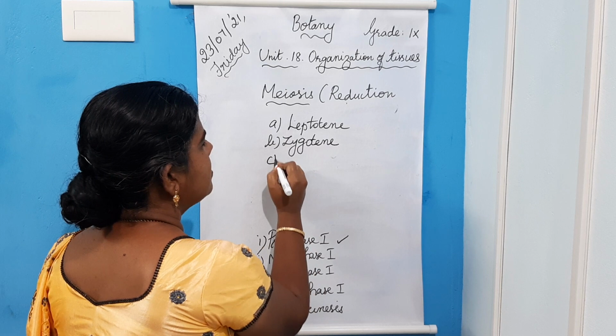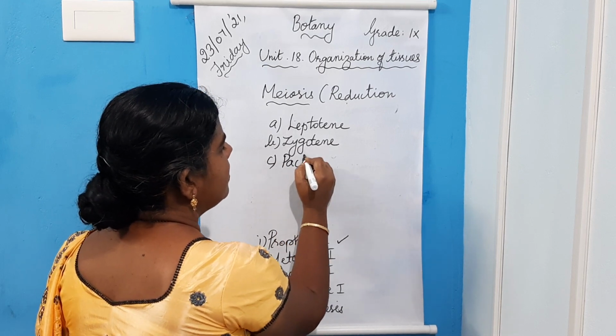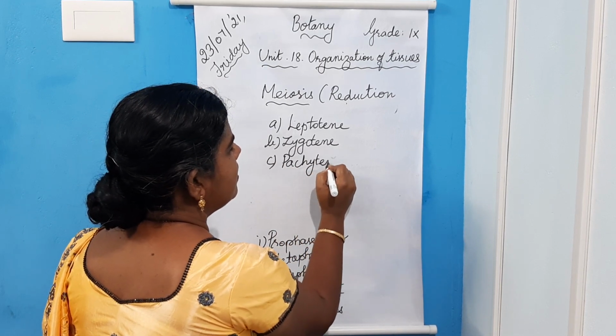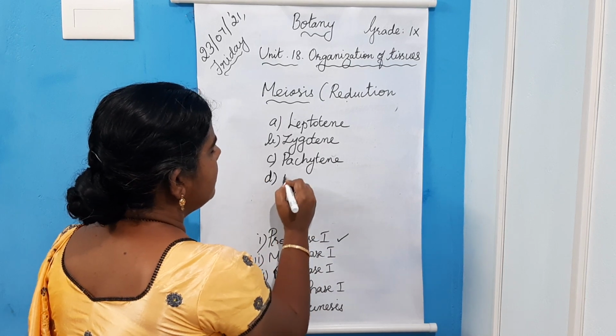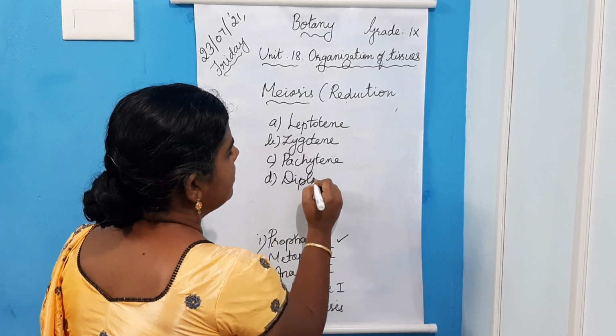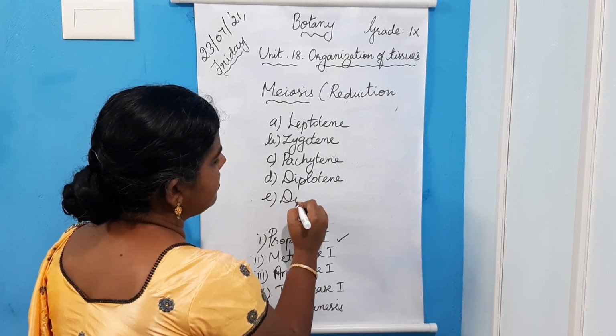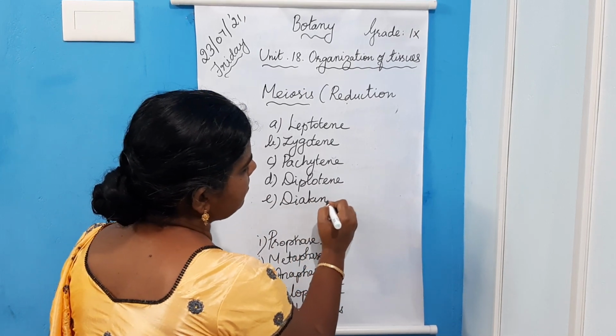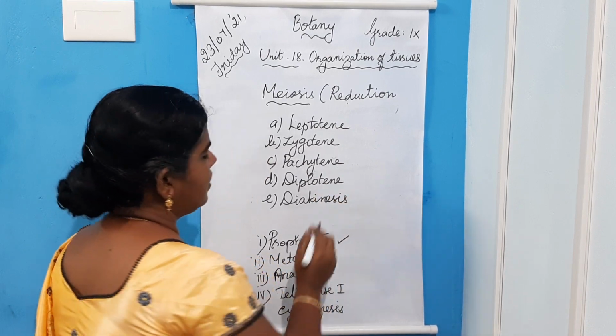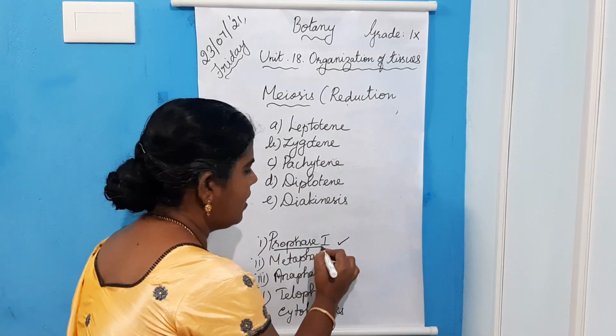Then third is pachytene. Then fourth is diplotene. And the last is diakinesis. These are the stages of prophase 1.